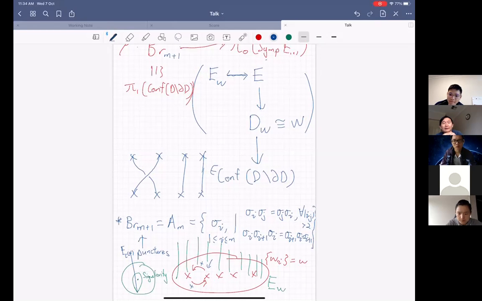I just hope D_W is not confusing with D. Actually you can think of them as the same D. Maybe the shape is different, but you can think of them as the same D. What you do is you send a puncture here to a puncture here. Okay, so that's the fiber.